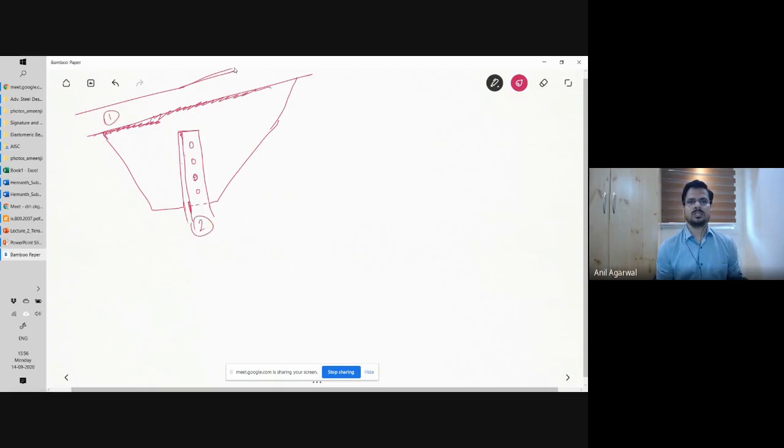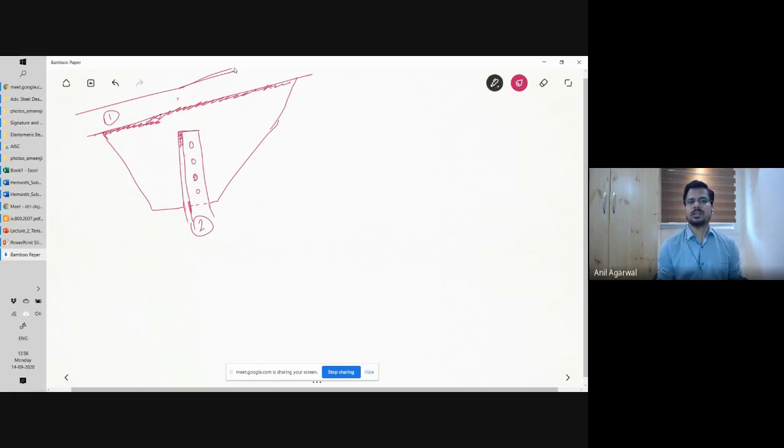This gusset plate worked fine, but it was connecting only with one leg of member 2. If I were to connect the other leg with member 1, how would I do that? That will make it a very complex joint. I have to put another plate inclined at another angle, or maybe I have to bend the gusset plate, which itself is a major issue. And then the member length is also not available in that direction. So that connection becomes very complex and not very commonly used.